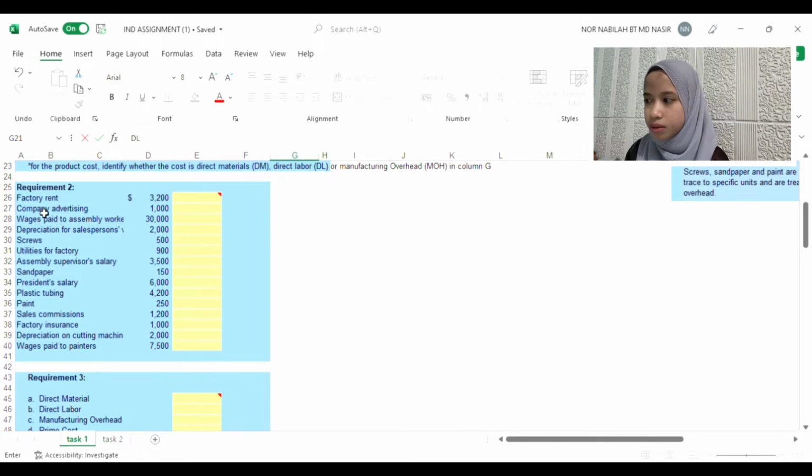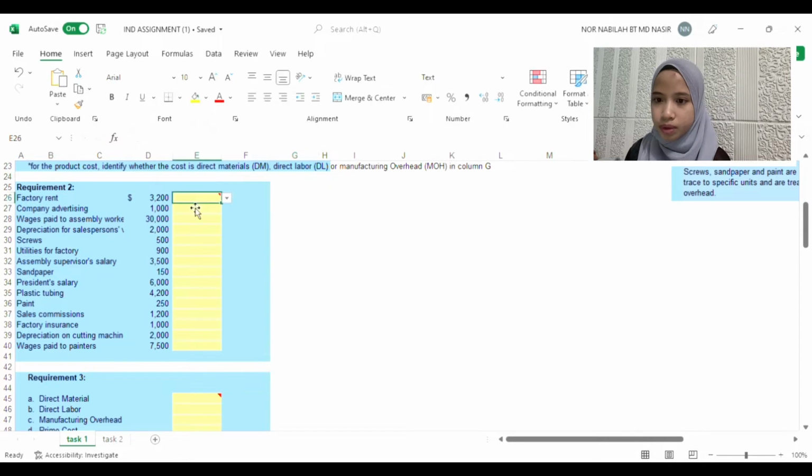So next, for requirement 2, state whether fixed or variable. Factory rent is fixed cost. Company advertising is fixed cost. Wages paid to assembly workers is variable.